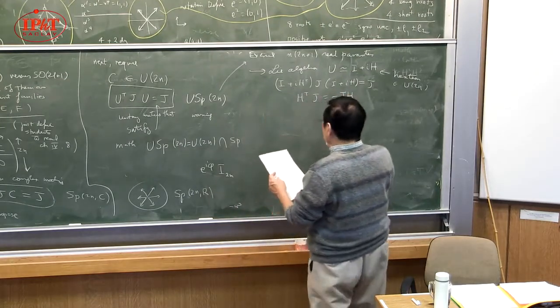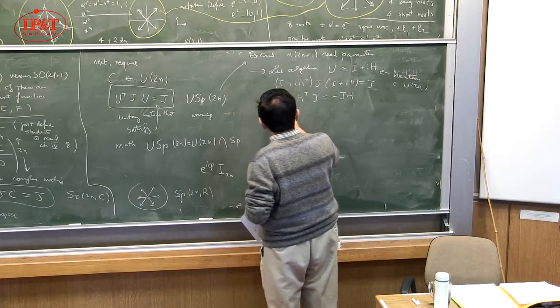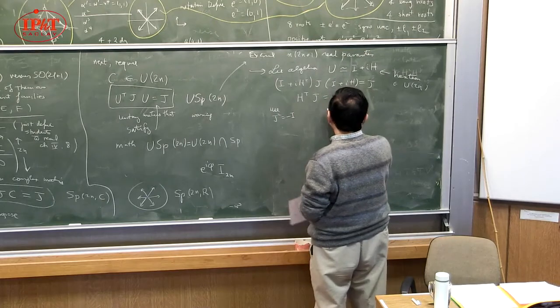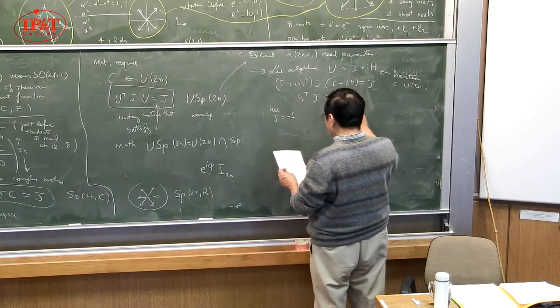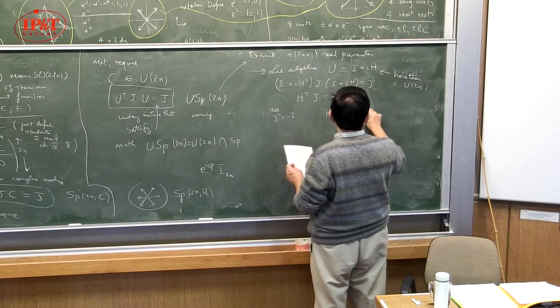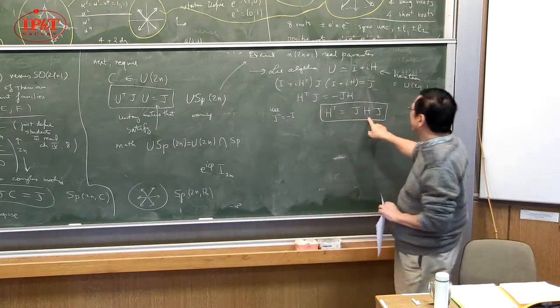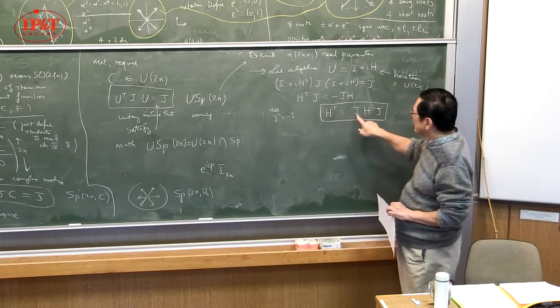Now, since we use the fact that J squared is equal to minus 1, you multiply by J on the right-hand side, and you get H transpose is JHJ. So J turns a Hermitian matrix into its transpose, like this.